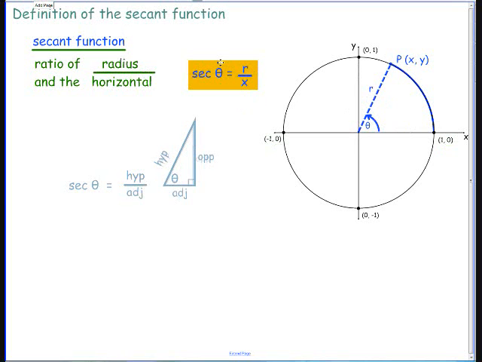Secant, we have a similar situation here. This is the reciprocal partner of cosine. So we've got x now has moved into the denominator. So every place where x is 0, which happens at 90 degrees, and again at 270, you're going to have an asymptote. So it starts from 0 high, well, I shouldn't say that. It did when it was a cosine. But now we're talking about the reciprocal of that.